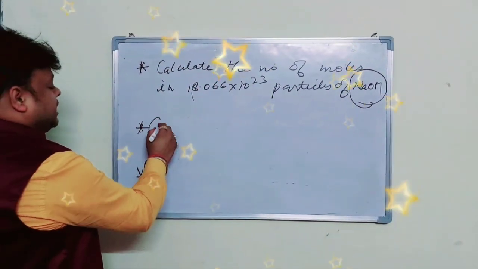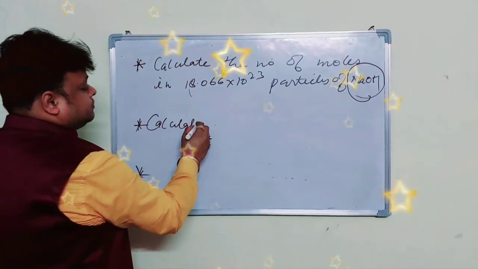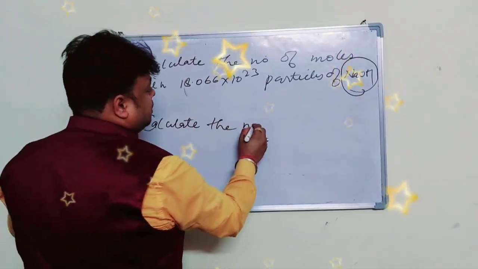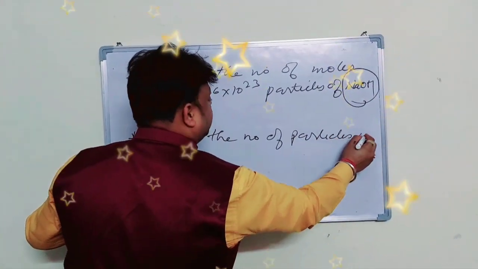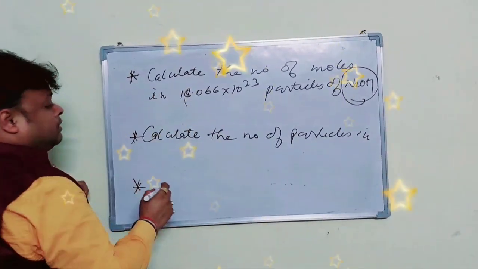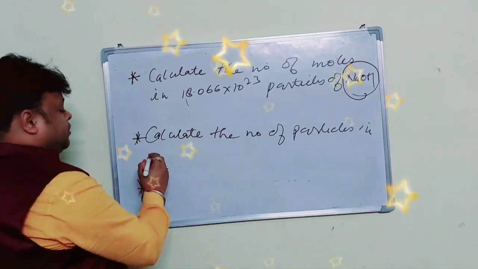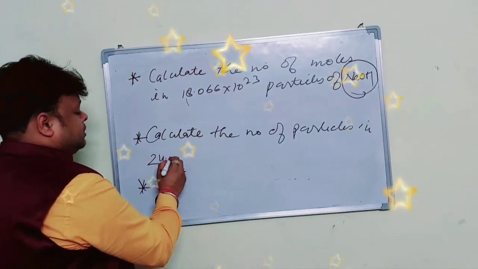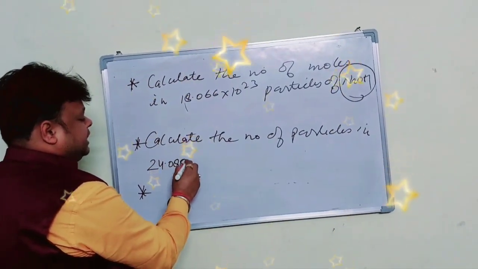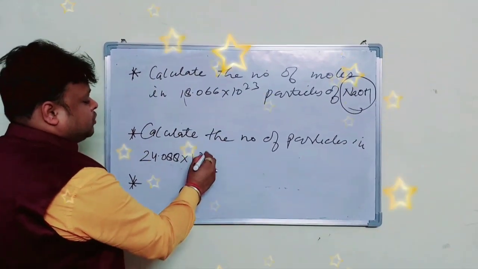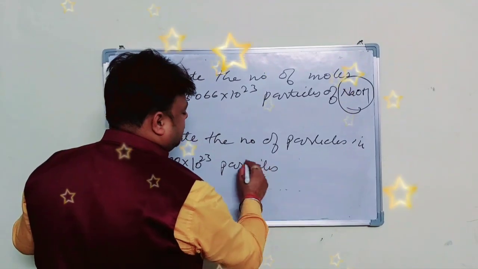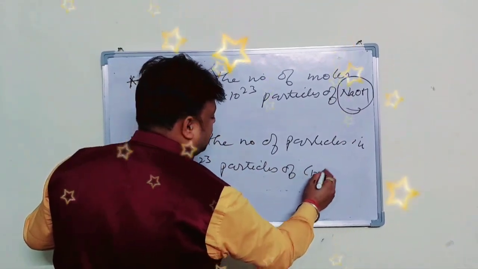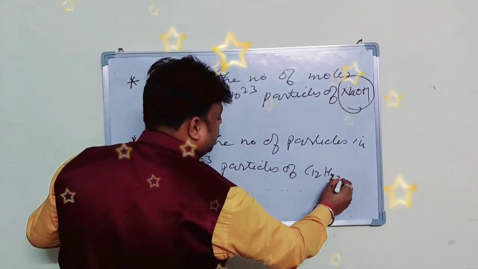So next is, calculate the number of moles in 24.088 × 10^23 particles of C12H22O11.